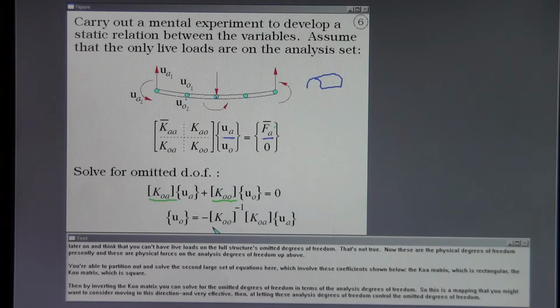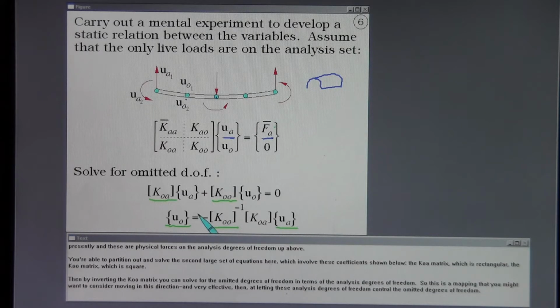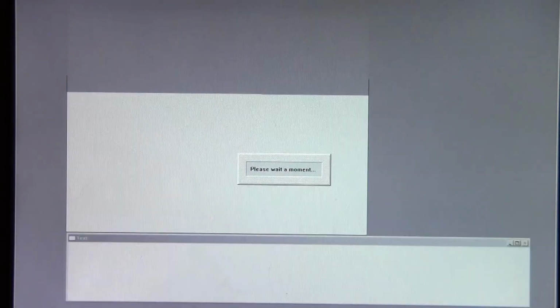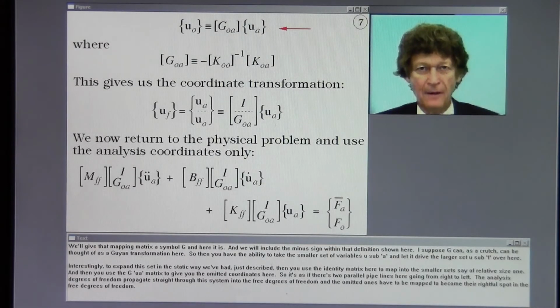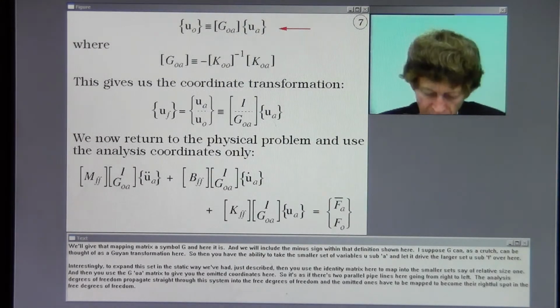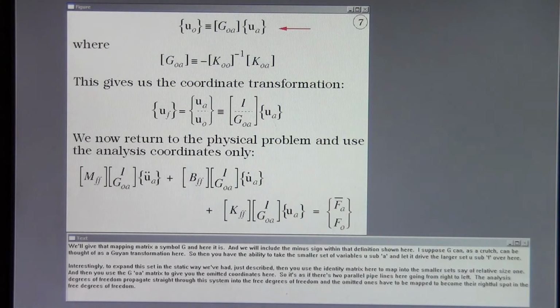Then by inverting the K_OO matrix, you can solve for the omitted degrees of freedom in terms of the analysis degrees of freedom. So this is a mapping that you might want to consider moving in this direction. And very effective then at letting these analysis degrees of freedom control the omitted degrees of freedom. We'll give that mapping matrix a symbol G, and here it is.